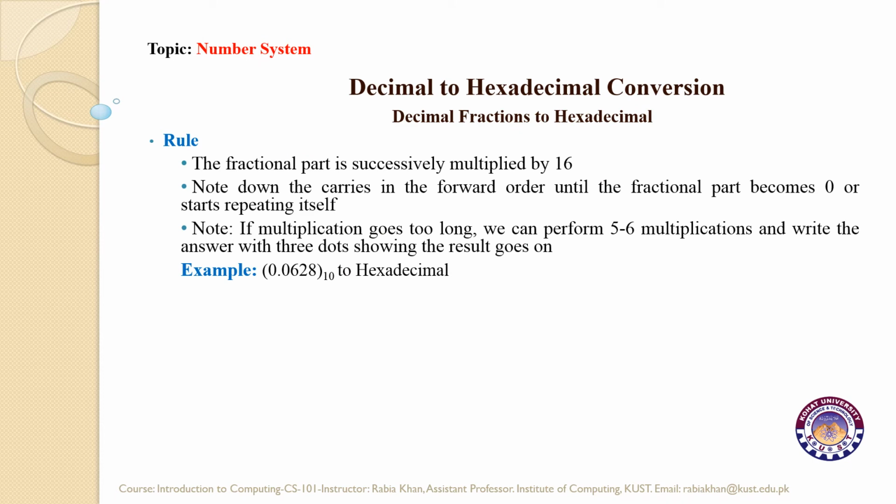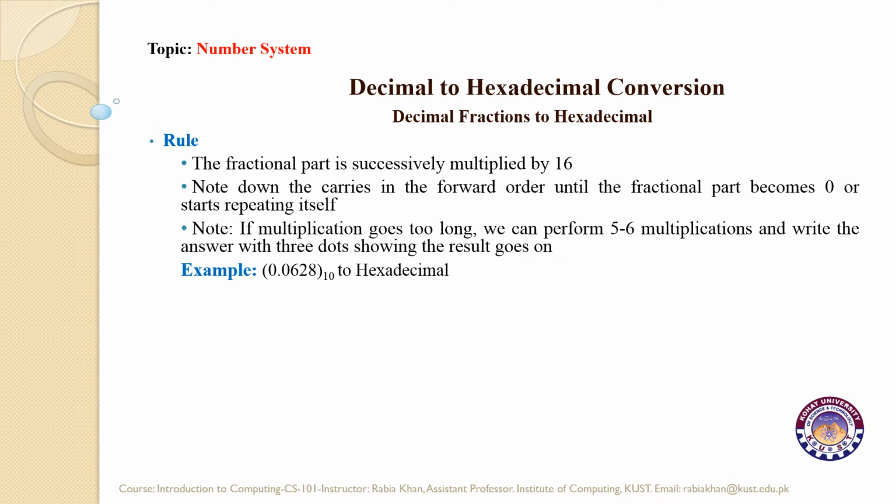Now we are going to convert the decimal fractions into their respective hexadecimal numbers. The rule is same as we have already used for decimal to binary conversion and decimal to octal conversion. The difference is only the multiplication number.